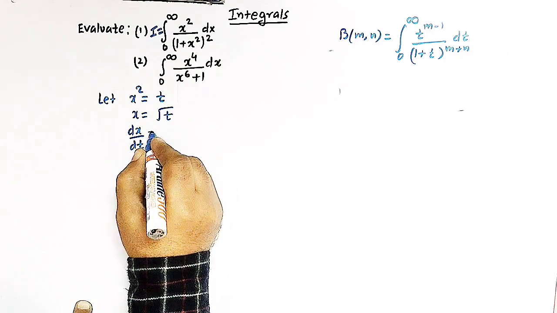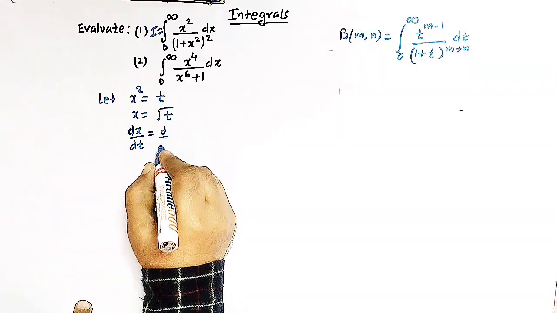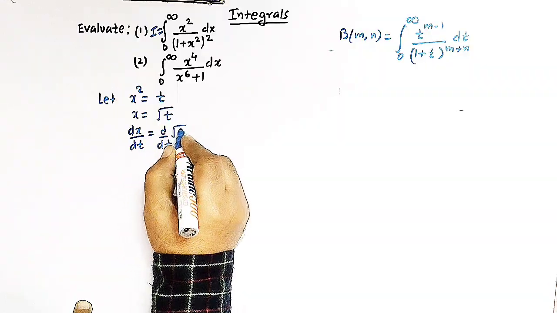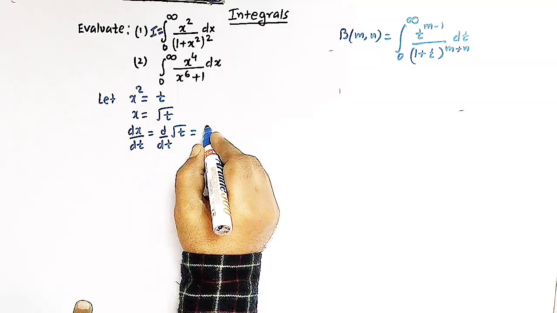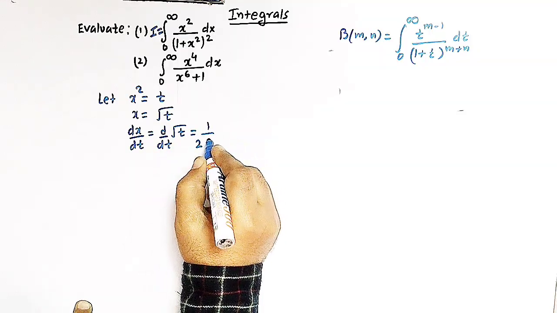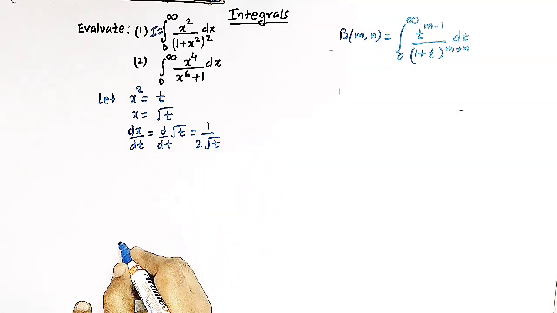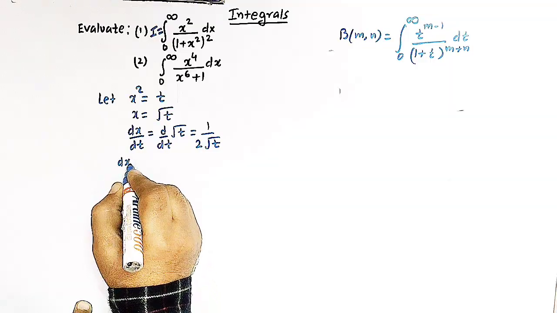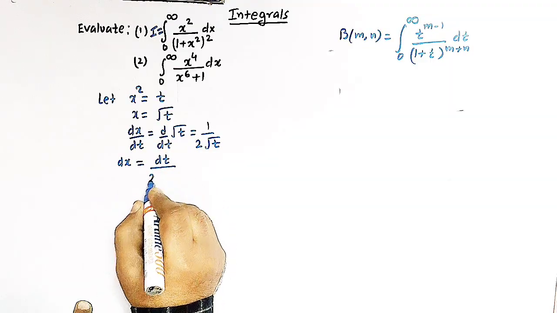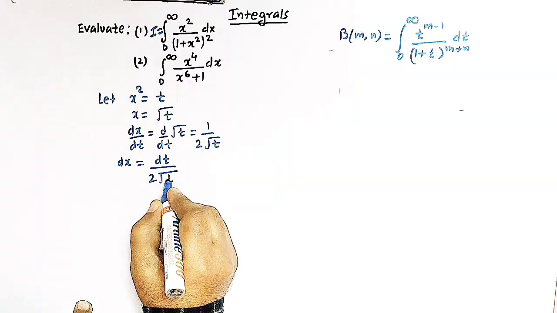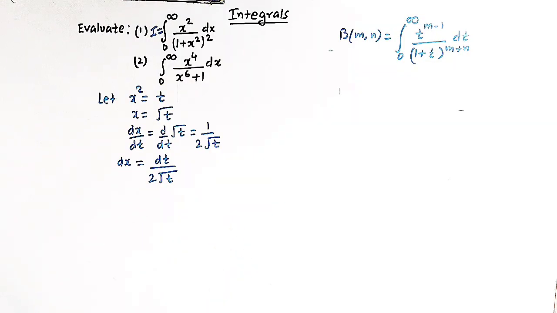So we have dx over dt is equal to the derivative of square root of t, and the derivative of square root of t is 1 over 2 times square root of t. So now we can write dx is equal to dt divided by 2 times square root of t.